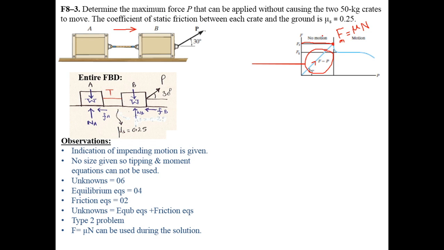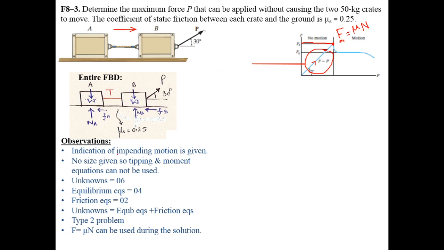Both these statements are equivalent, and this means that this value of force P will be such that the friction force will reach its maximum value at this point, because after this point these friction forces will no longer be able to maintain the equilibrium, and these two boxes will be on the verge of slipping.